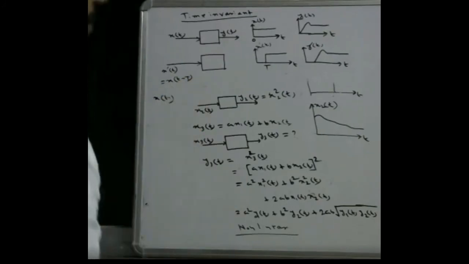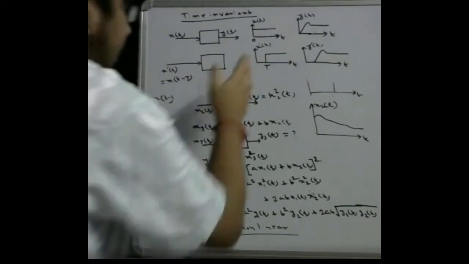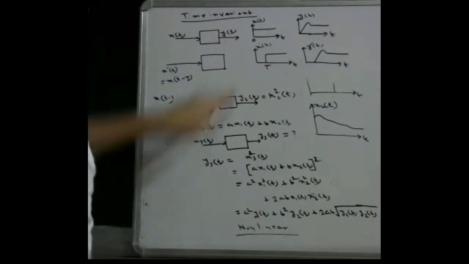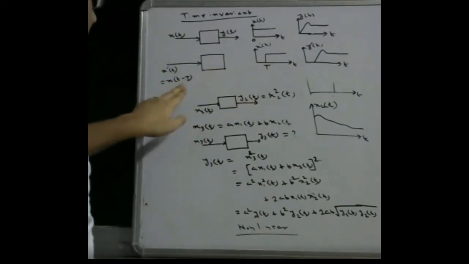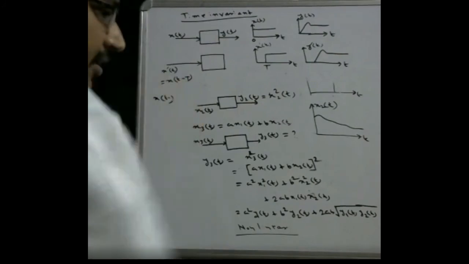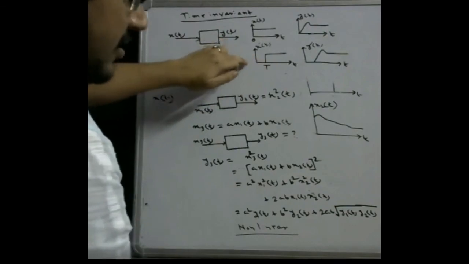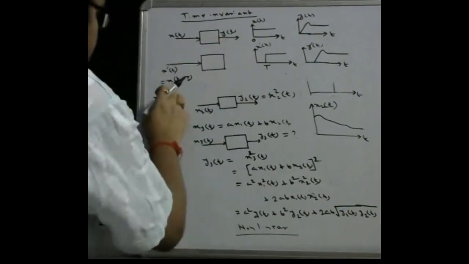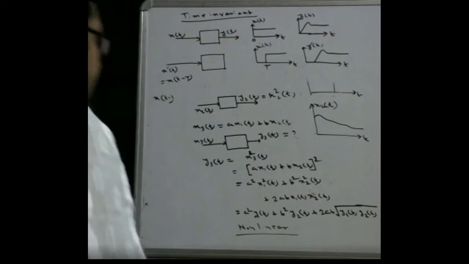This property is called the time shifting property. If there is a right shift, then t will be prefixed by a minus sign, that is, t minus capital T. And if there is a left shift of amount capital T, then this will be t plus capital T. This property is called the shifting property.